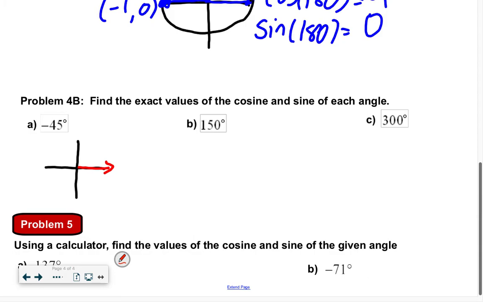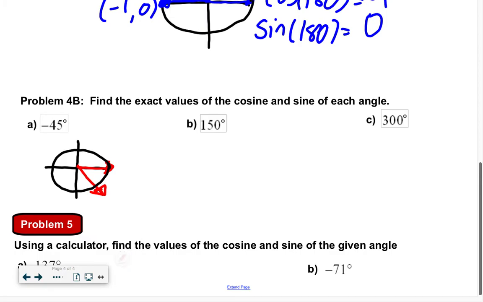Down. I don't care if it's exactly in the middle. Try your hardest. Yours look something like that? Yes. Okay. Then we have our unit circle. That looks something like this.